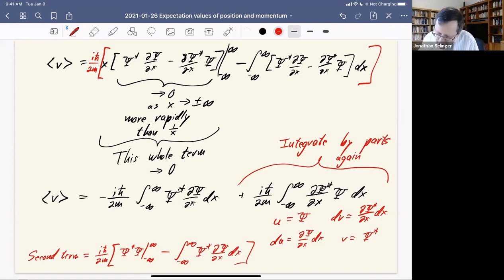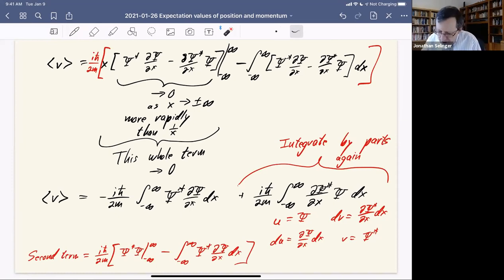In the second term, we look at this boundary piece first. That's psi star times psi from minus infinity to infinity. But you already know the story here. Psi star and psi have to both go to 0 at plus and minus infinity, so you know the drill.